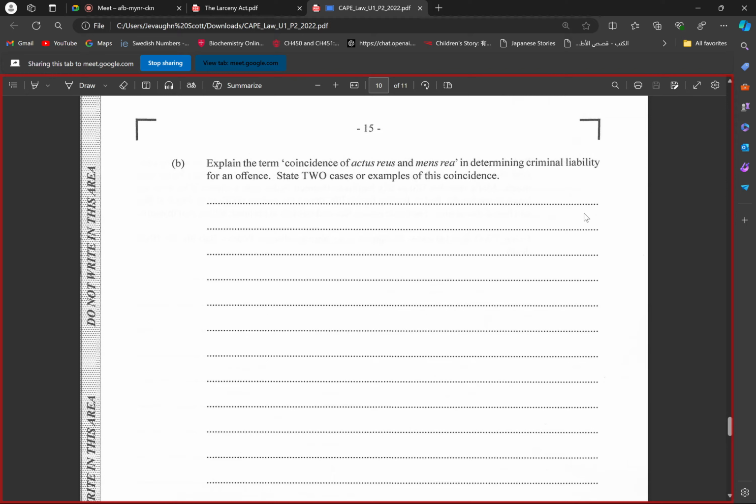Okay, so the act and the intent must coincide. Fagan v DPP. In this case, the ex of Haim was with a new woman, I believe, and she was not happy with this.